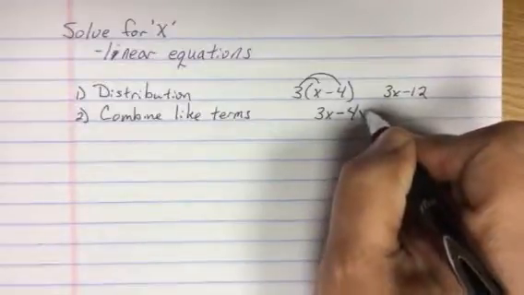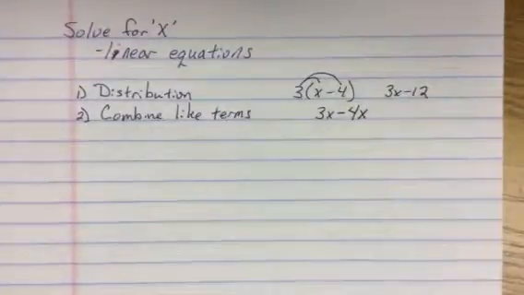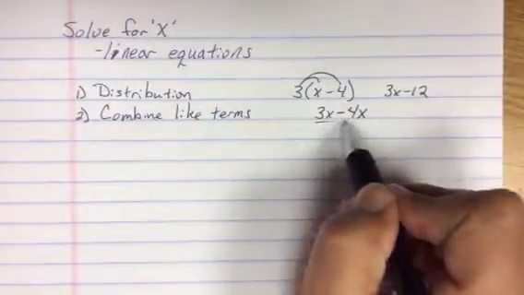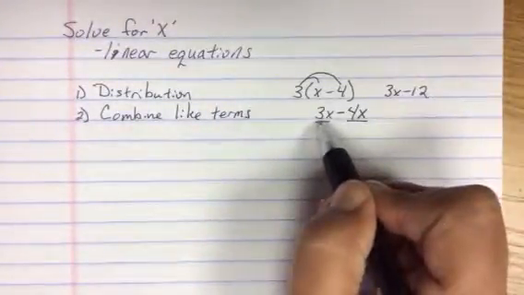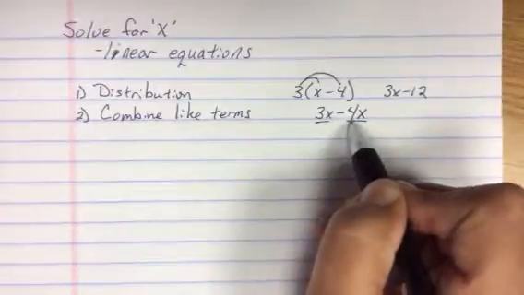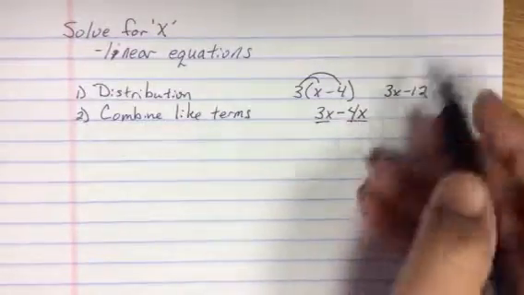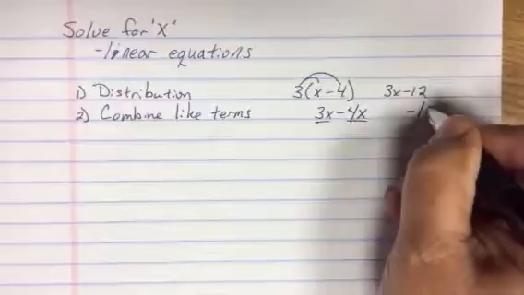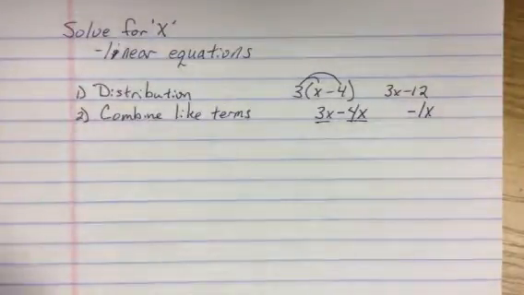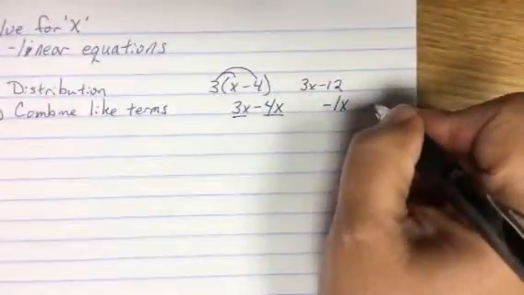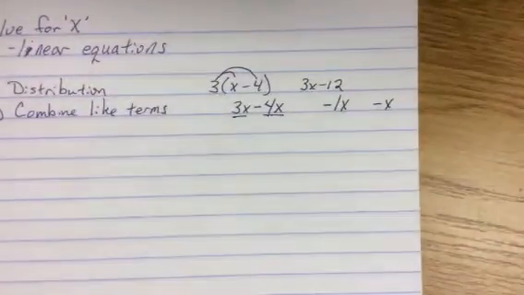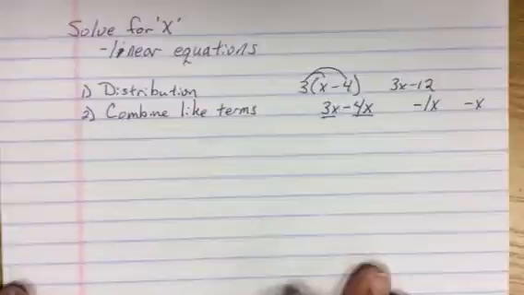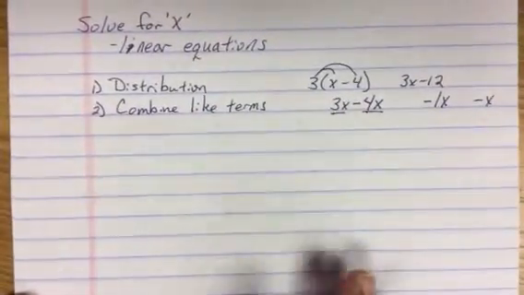However, if I add an x, now this would be combining like terms. And then I'd look at 3x minus 4x. That's the same as 3 minus 4 gives me a negative 1x. However, we do not typically write the 1. It would just normally be written as negative x. So step 2 is combine like terms.